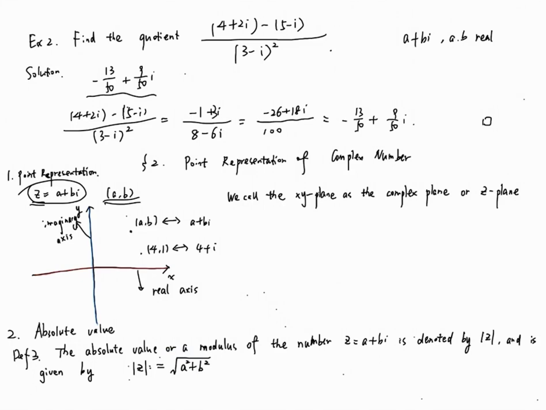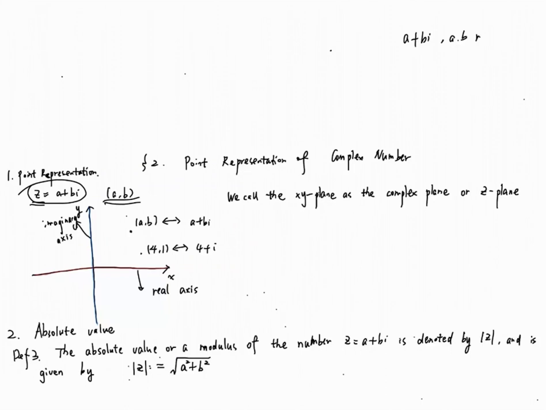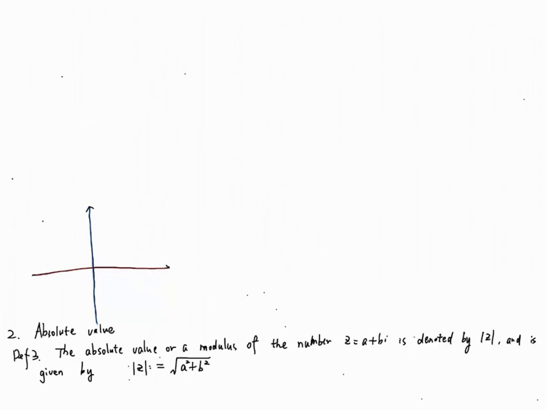As for this, if we draw a picture also on the complex plane, using our point representation, viewing the complex numbers as points on the xy plane, then, for example, this is z here, and it equals this point (a, b).